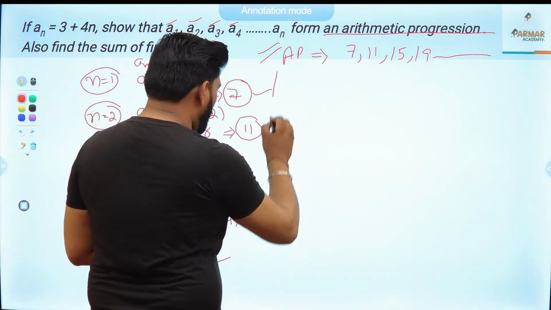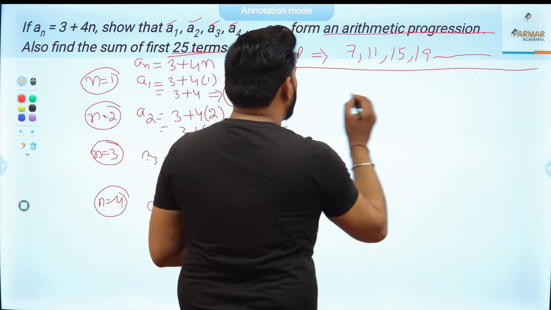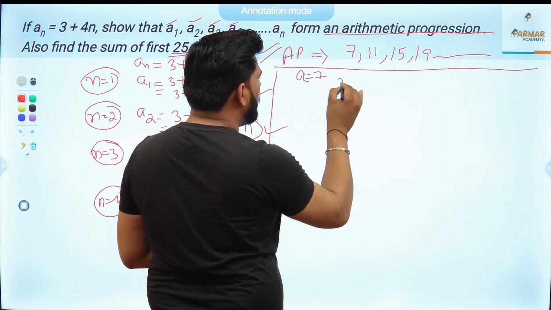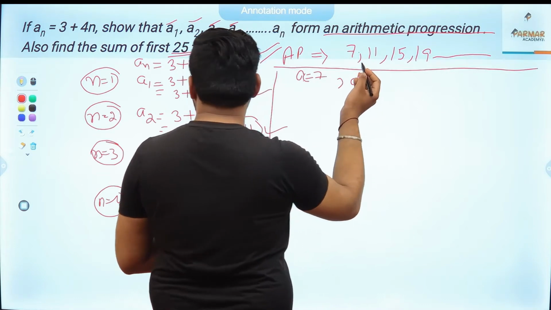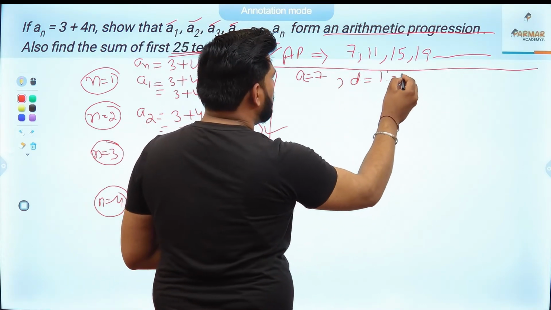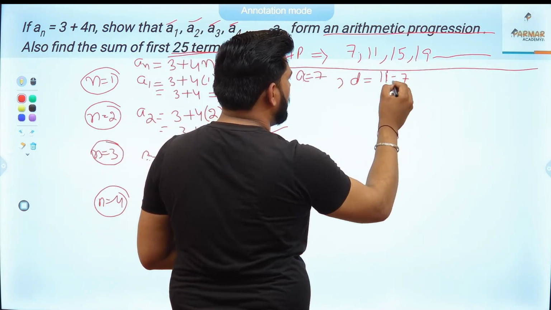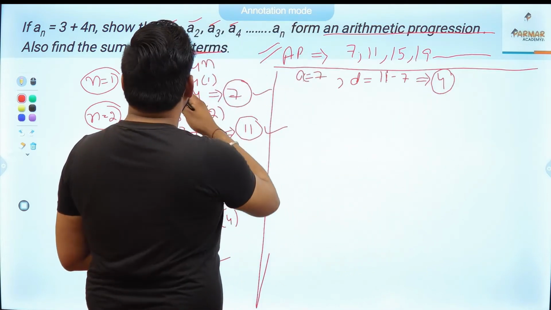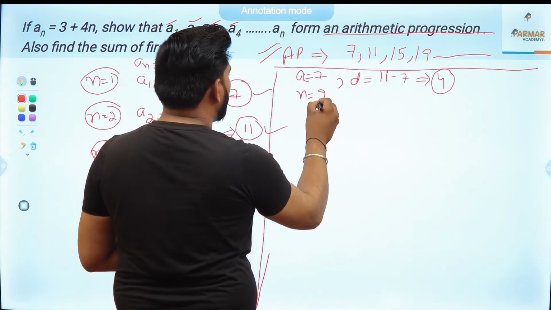So what is given to us? Simply a is equal to 7, that is the first term. D, the common difference, is equal to 11 minus 7, that is equal to 4, and n is 25 given.